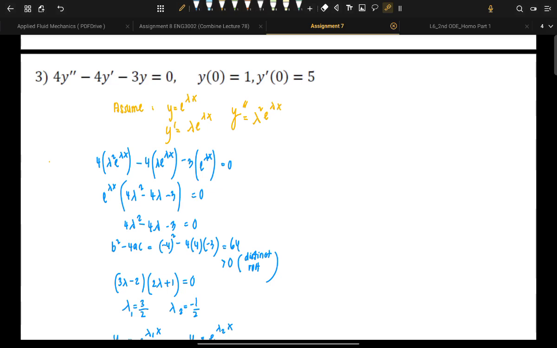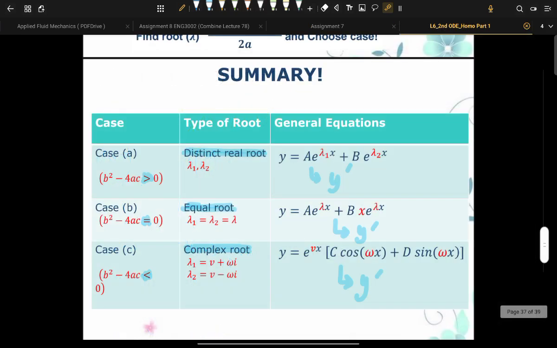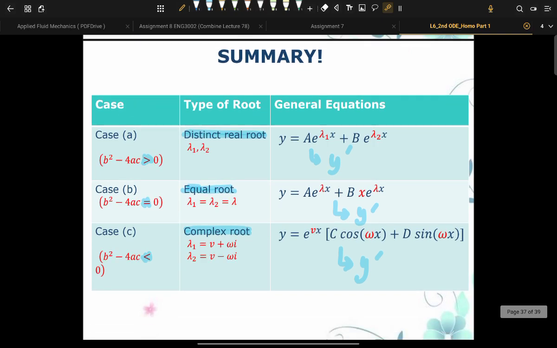To summarize all the cases from this lecture, we have three cases, and it depends on the discriminant itself: whether it is bigger than, equal to, or less than 0.